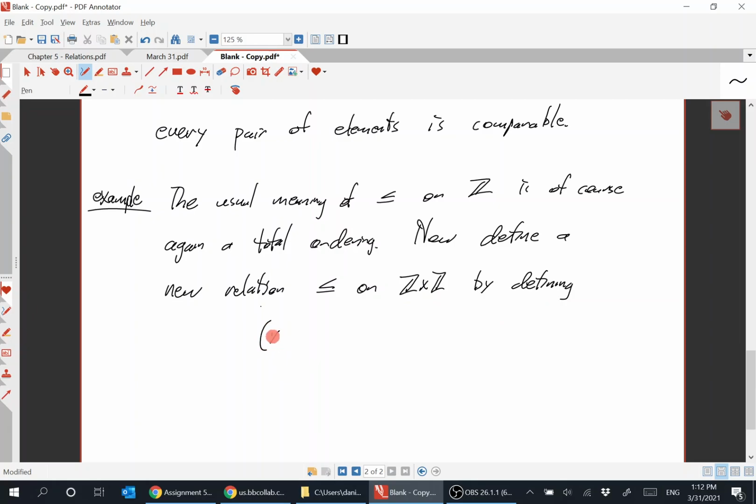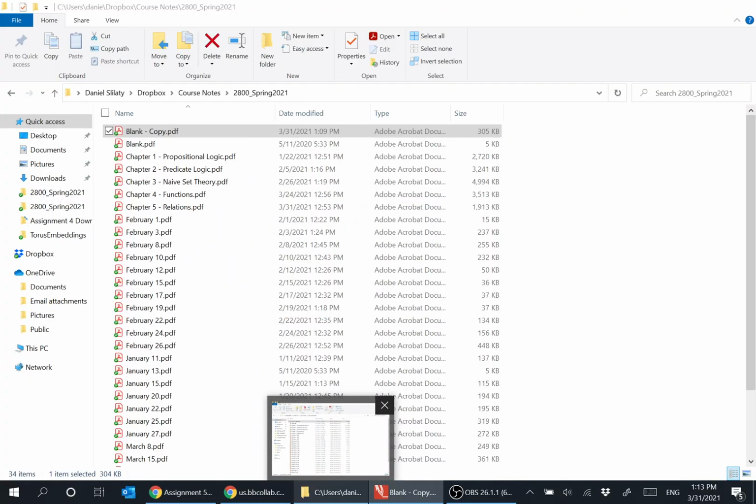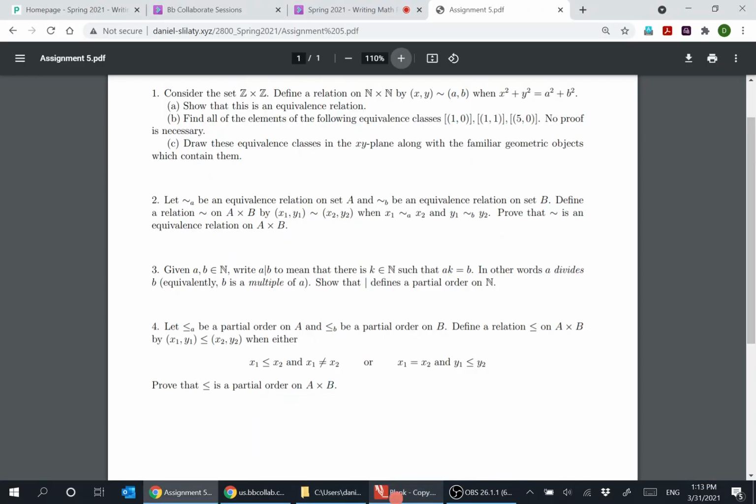so two elements, (A, B) is less than or equal to (C, D) when, now there's different ways.